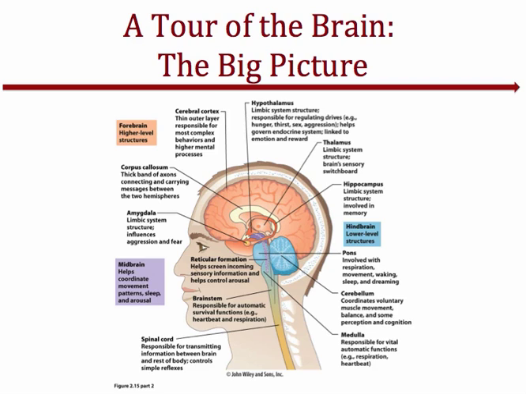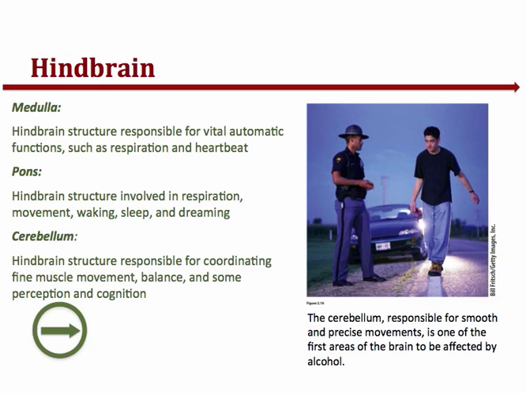Corpus means body, callosum means grand, so it's a large body of axons. Remember that axons are the parts of a neuron that send out the electrical signal. It's the main message pathway from one neuron to another. What the corpus callosum does is it's the means by which the left hemisphere of our brain can communicate with the right hemisphere and vice versa.